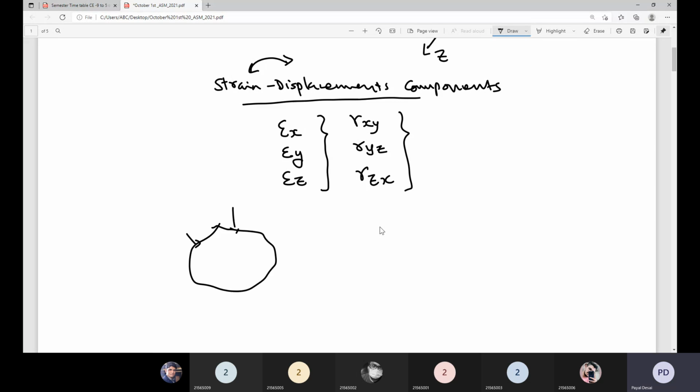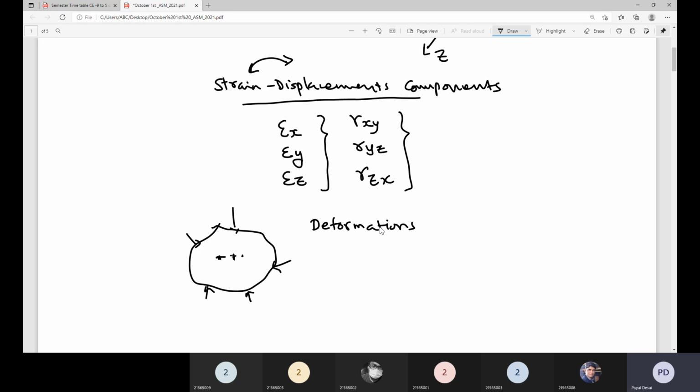If you apply any load, then there will be internal deformation that takes place. It is because of internal displacement that can happen. I mean this particle, if you apply load, may shift to somewhere here, not at the original position. So there are deformations in the body that take place.